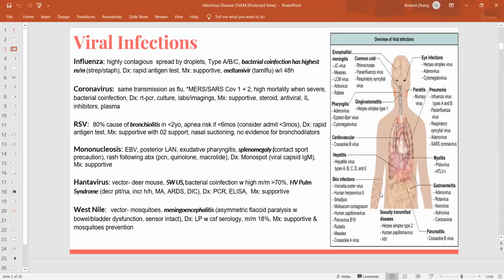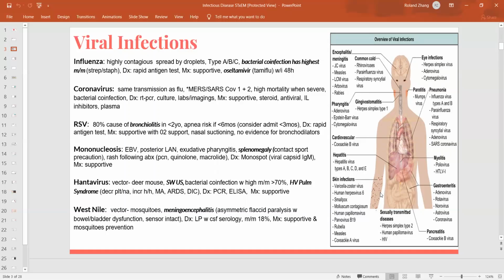So the most common infection that you will see overall, not just in the ED, is viral infection. Flu and cold, influenza and coronavirus, especially currently with COVID-19 infection, are most common, especially during the fall and winter season.